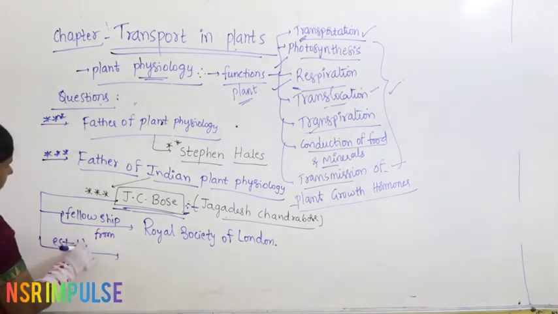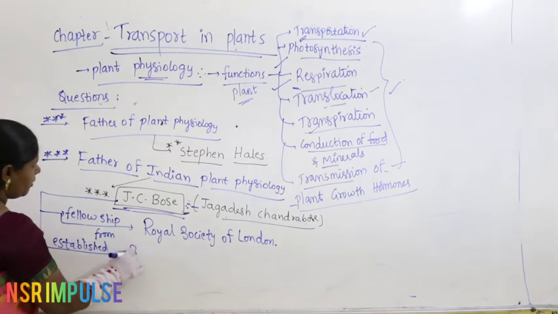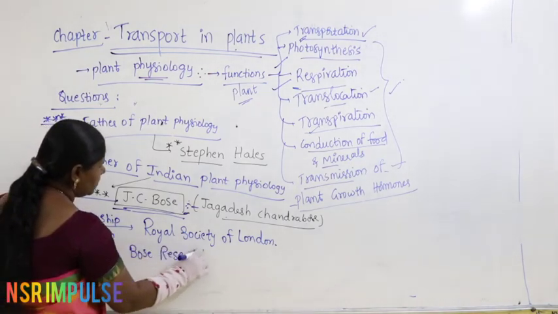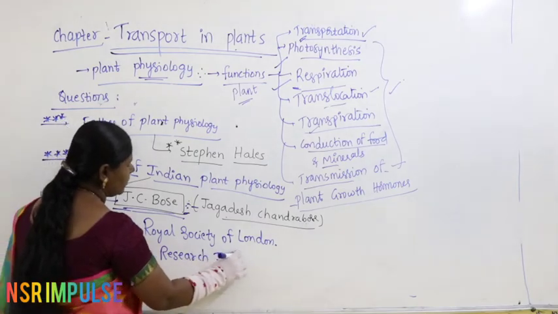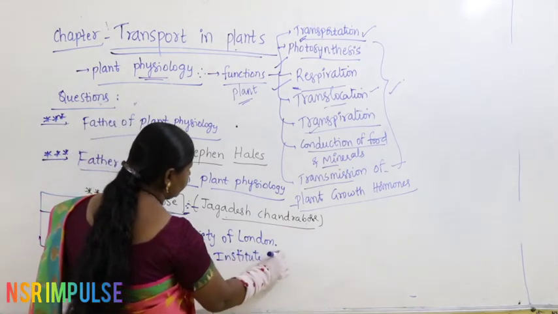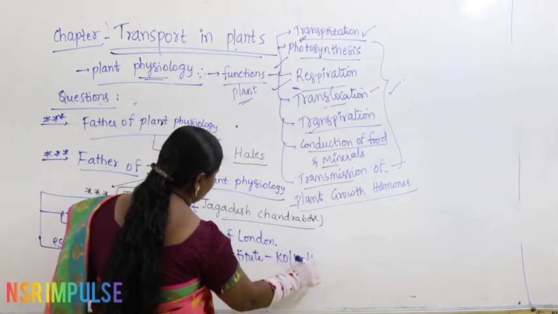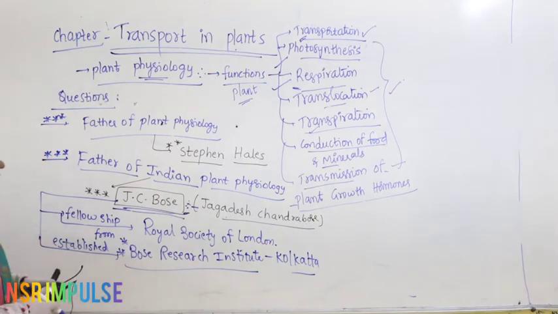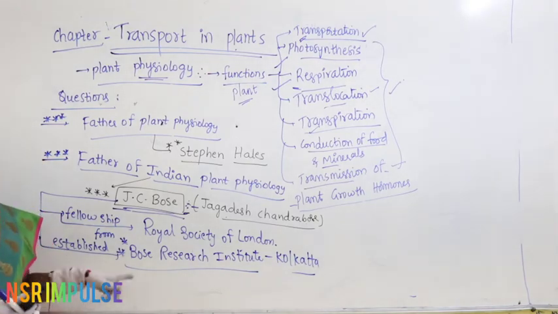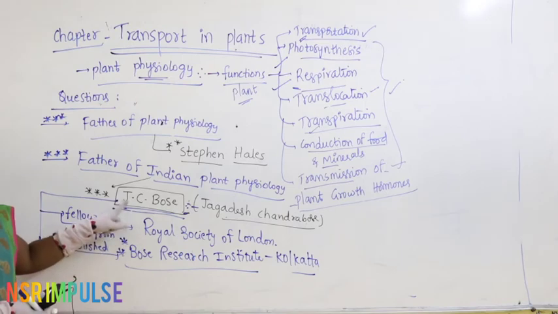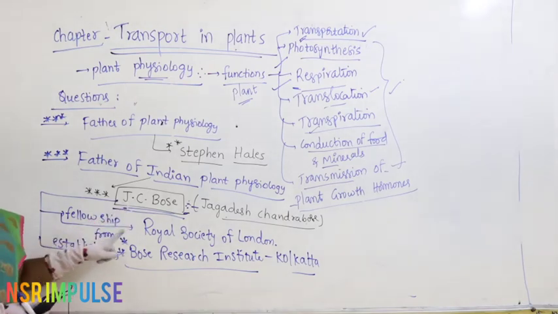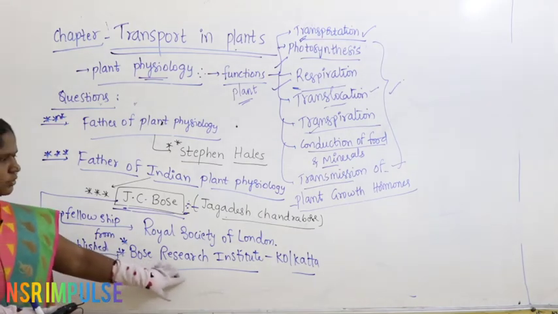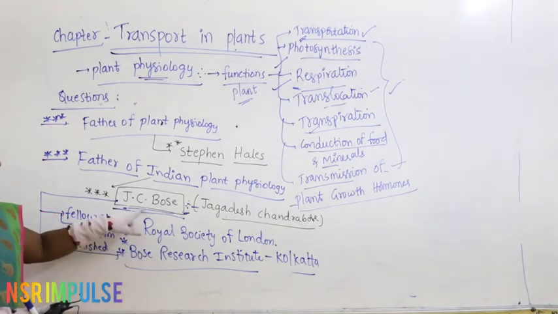Right. And apart from this, he established the Bose Research Institute in Kolkata. He is the one who established the Bose Research Institute. Now, let us talk about the discoveries of JC Bose. JC Bose is the one who got a fellowship from the Royal Society of London and established the Bose Research Institute in Kolkata. Now, what did he discover?